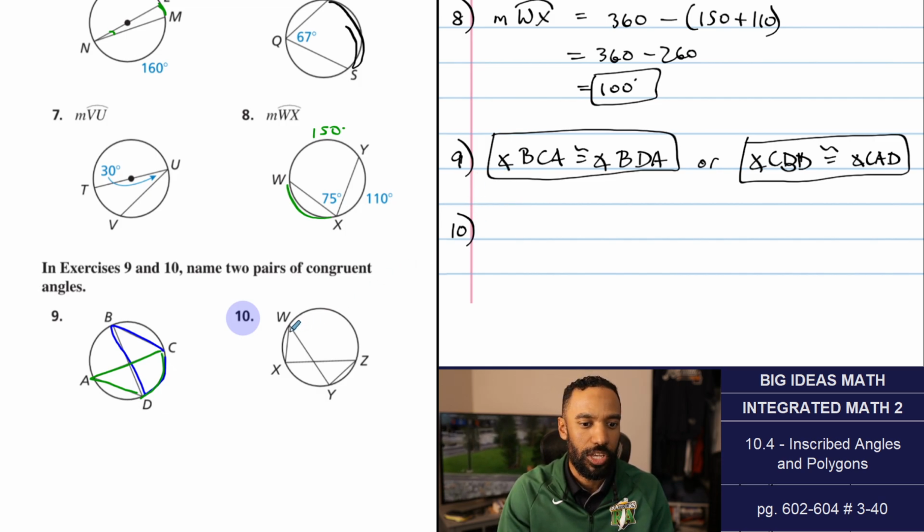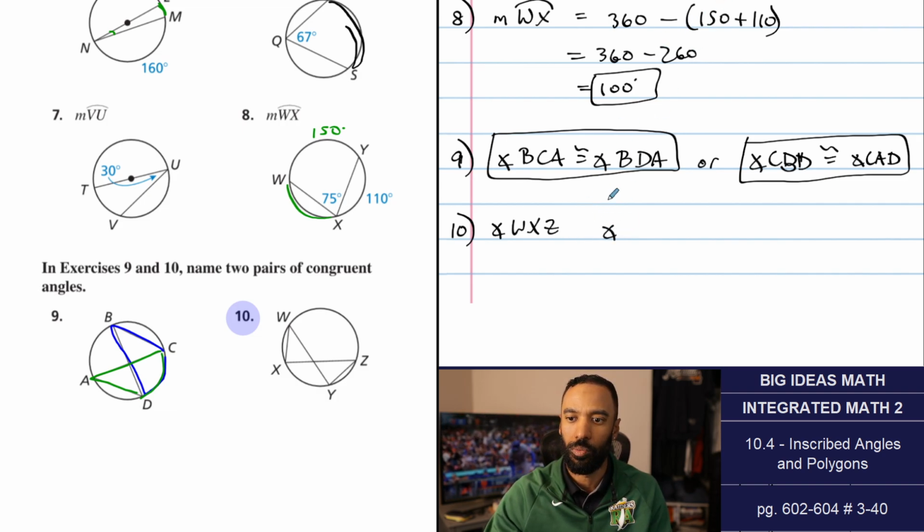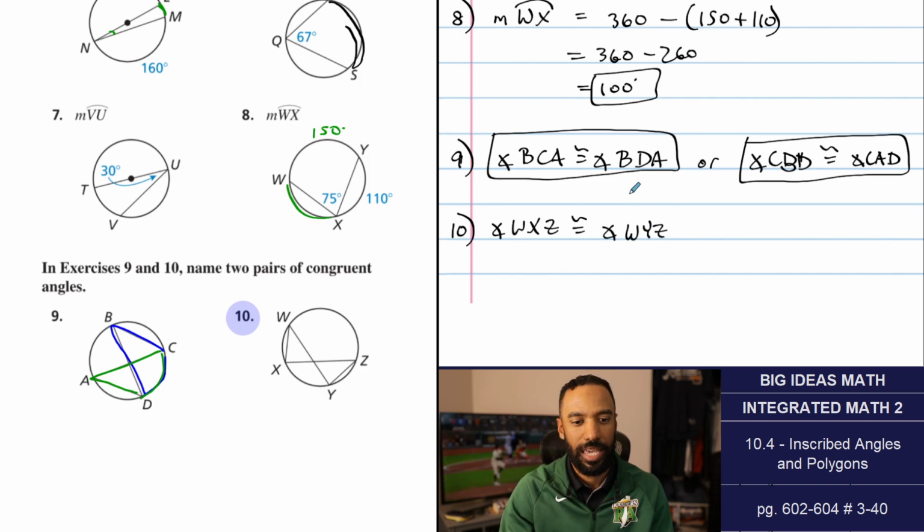Okay, so this one I'm going to go WXZ, having that intercepted arc, and so does WYZ. So that's one set. Angle WXZ congruent to angle WYZ. And then the other set here, we can go the opposite way.